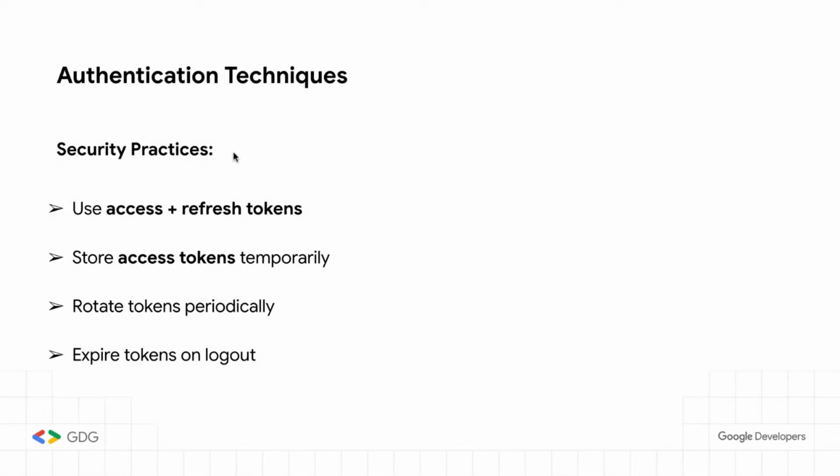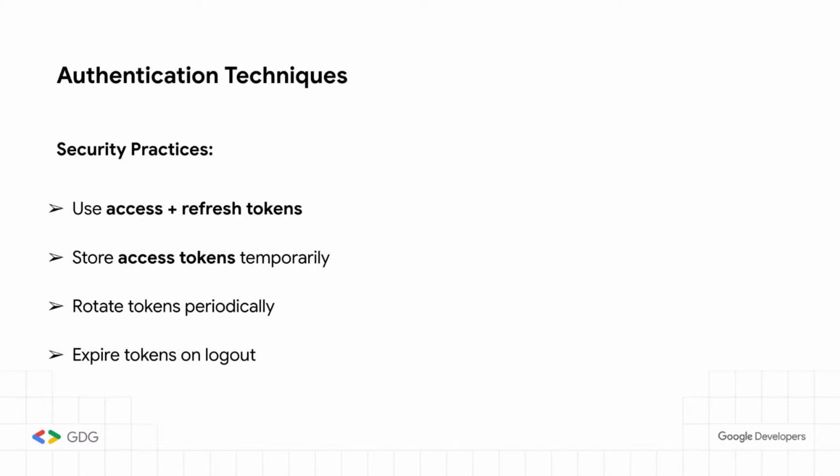Now, the security practices for using JWT, JSON Web Token, are that we use access and refresh tokens, store the access tokens temporarily and rotate tokens periodically. What this means is that, let's say by some chance, the access token has been leaked.